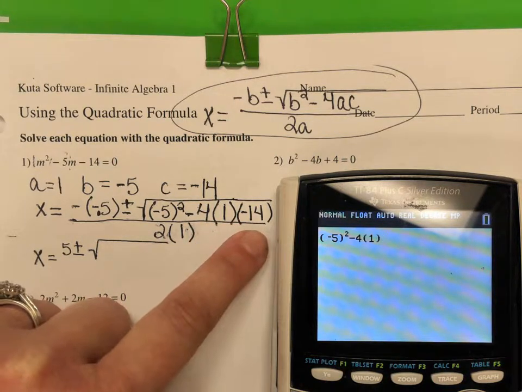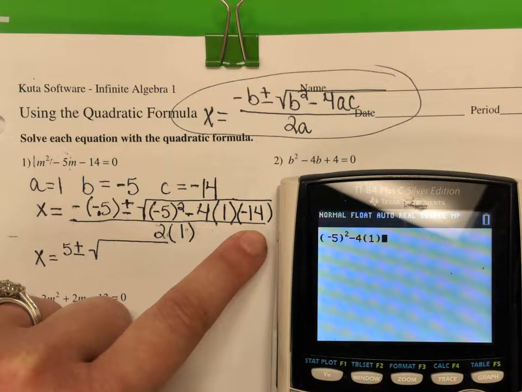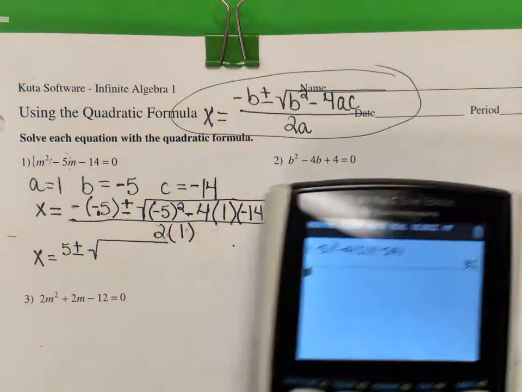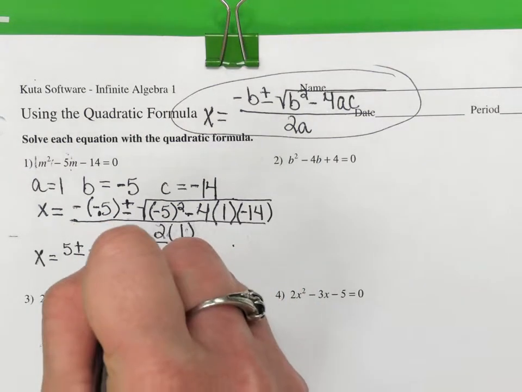Jackson, you plugging this in with us? It's still on the board. So it's parentheses, negative 5, close parentheses, squared. Subtract 4. And then parentheses 1. All right, what comes after the 1? Parentheses negative 14. How much did you get? 81. Very good. 81.